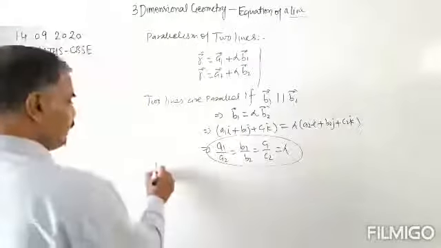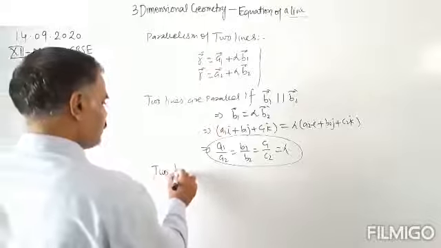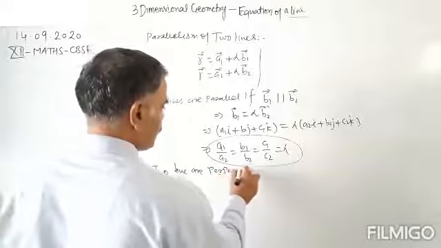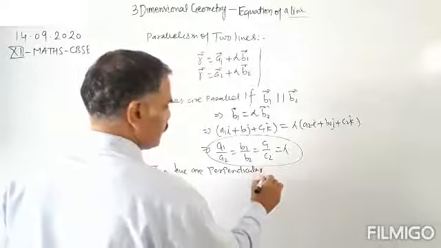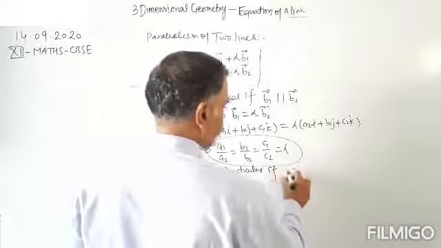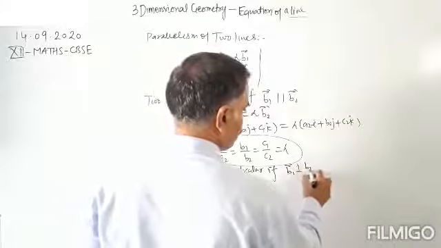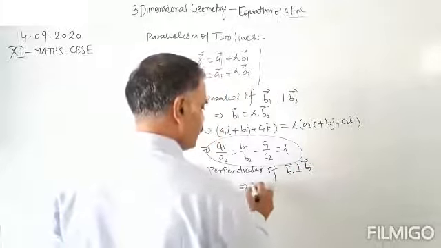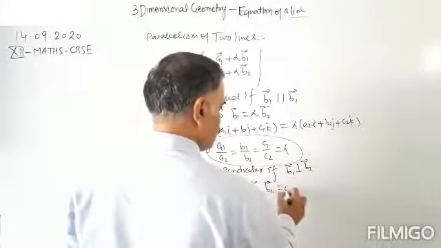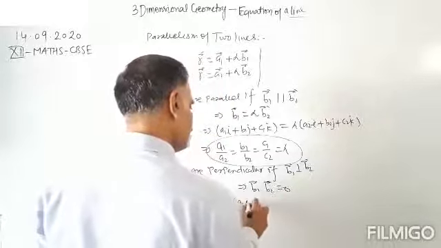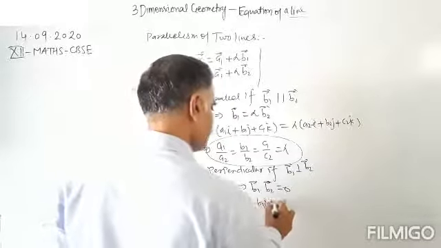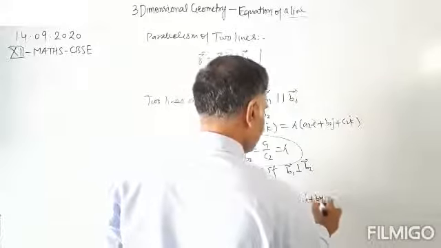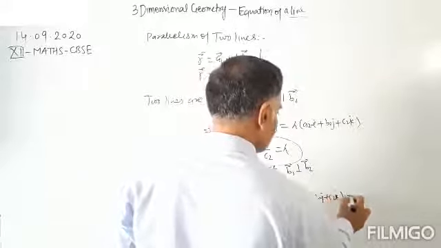Two lines are perpendicular if their directions are also perpendicular, which means b1 vector is perpendicular to b2 vector, so b1 vector dot b2 vector equals 0. That is, a1 i cap plus b1 j cap plus c1 k cap dot a2 i cap plus b2 j cap plus c2 k cap equals 0.